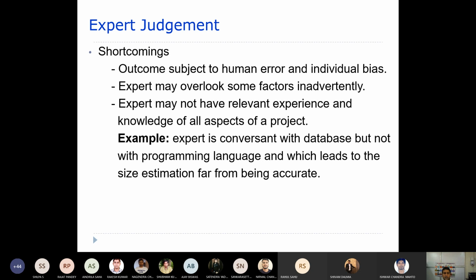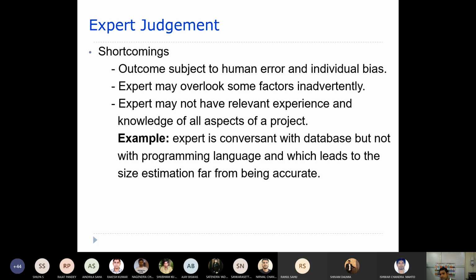Because human beings usually make mistakes, the outcome may vary. Or the person is a little biased towards certain activities. As a result, the estimations he has given may not be that accurate, right?